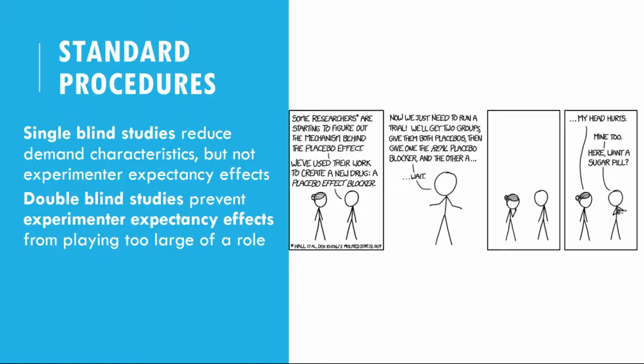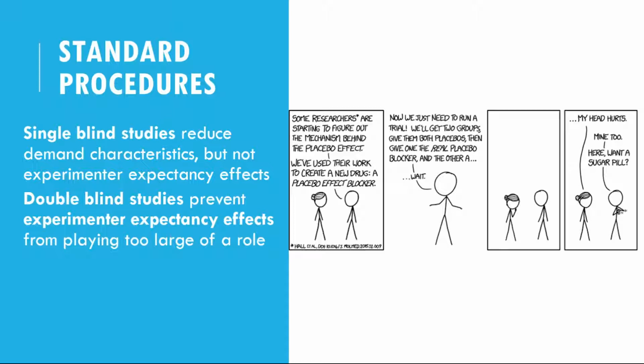For example, in a drug study in which each participant receives the drug or a placebo, it's often the case that neither the participant nor the experimenter who interacts with the participants knows which condition they've been assigned to. Because both the participants and the experimenters are blind to the condition, this technique is referred to as a double-blind study. A single-blind study is one in which only the participant is blind to the condition.